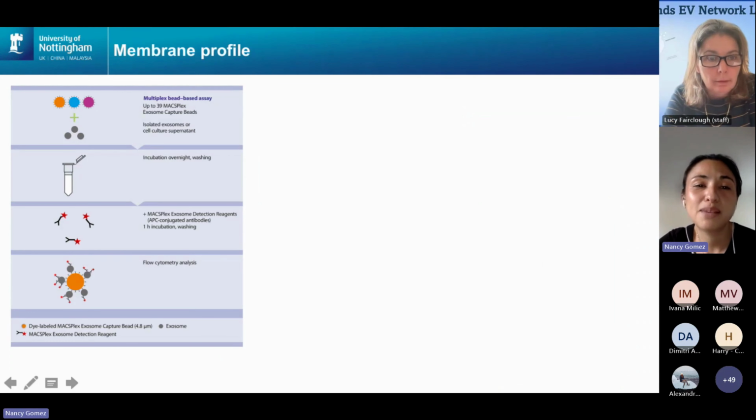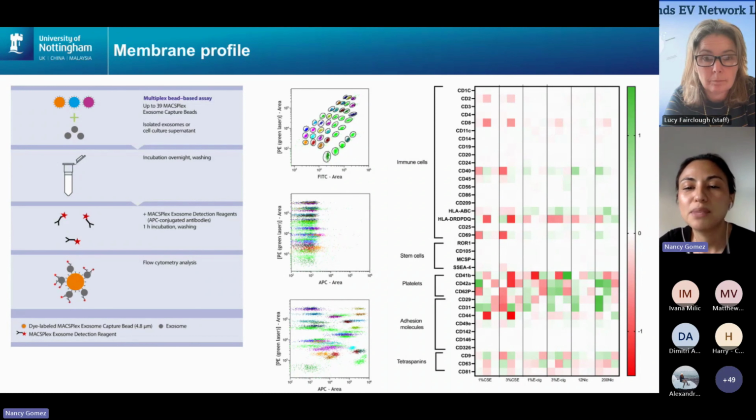So what we observed were some small, non-significant differences. And how we obtained this result is by getting the median APC signal. And what we did is we subtracted the median APC signal for our 0% control from each of the matched samples to get this heat map.